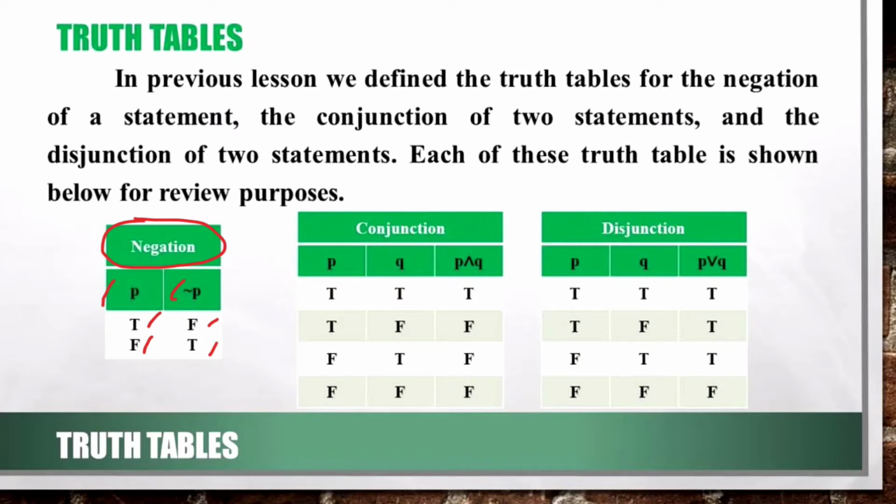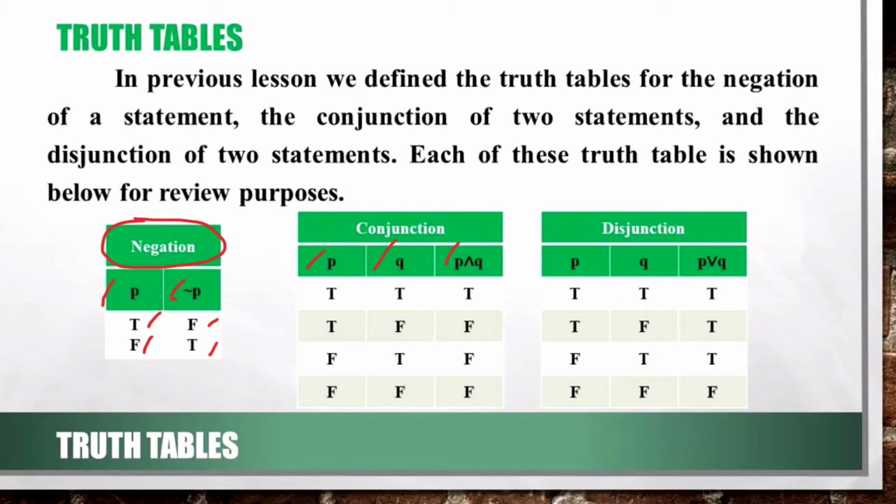In conjunction naman, we use the connective and. So, statement P, statement Q, and statement P and Q. As we said, in conjunction, in order for it to be true, both simple statements that we combine should be true.